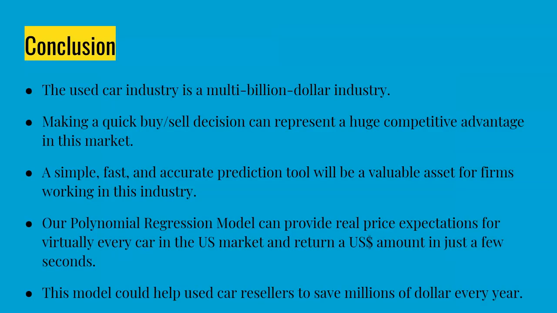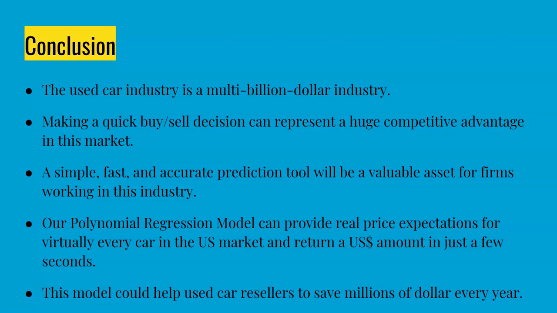So in conclusion, we decided to move forward with our polynomial regression model. It was an outstanding model overall, with an adjusted R-squared of 95.1%. It means that 95% of the variance in the dependent variable can be explained by the independent variables. The used car industry is a multi-billion-dollar one, and making a quick buy or sell decision can represent a huge competitive advantage in this market.